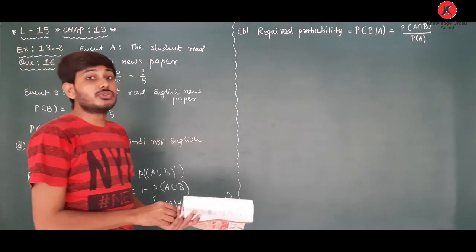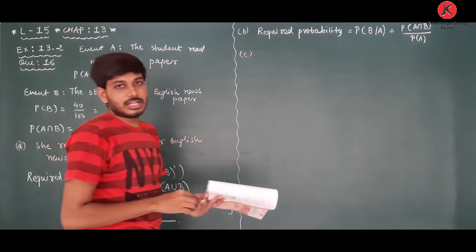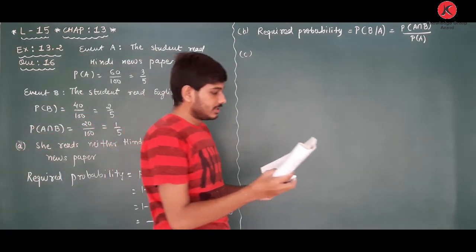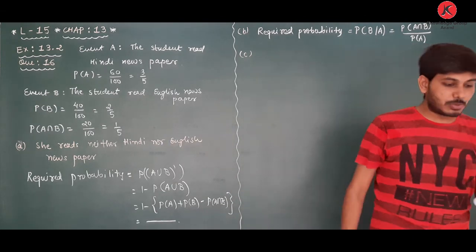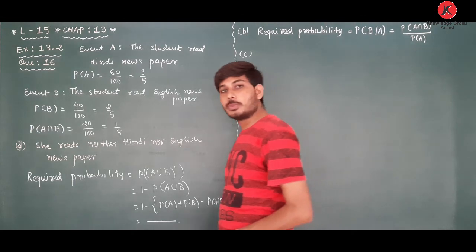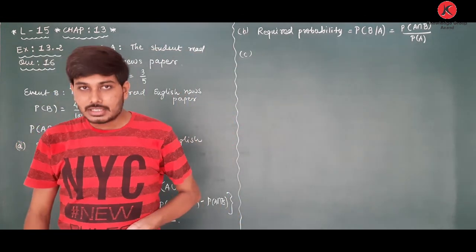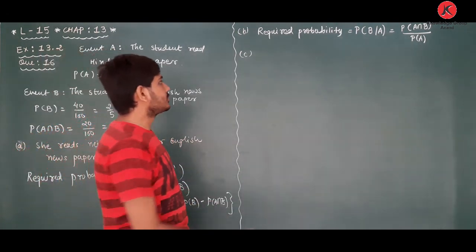Okay? So if the given event is the non-event, you know that the same way applies. In this case, if she reads English newspaper, then find the probability she reads Hindi newspaper. If she reads English newspaper, it means the given event is English newspaper.